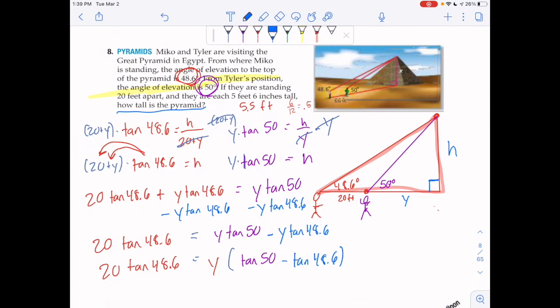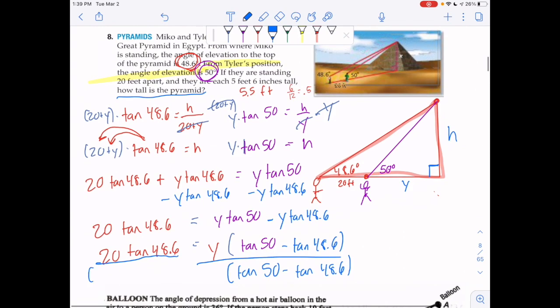Now to solve for y, you divide everything by tangent 50 minus tangent 48.6. Now you see these will cancel.